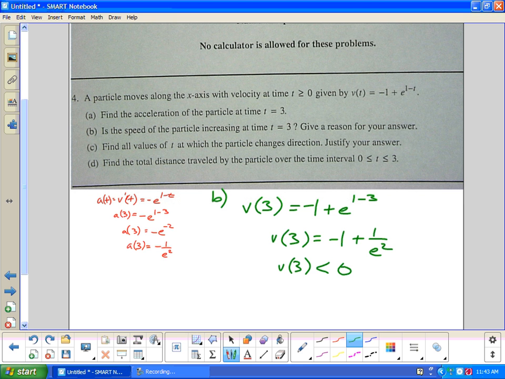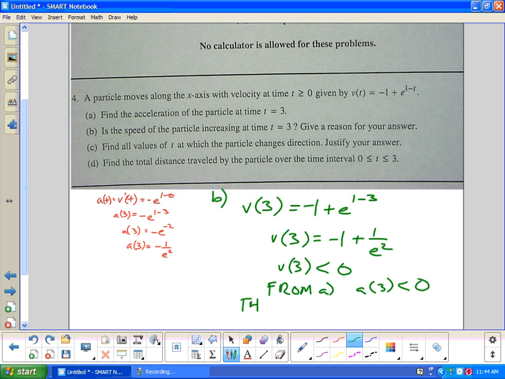Now, if its acceleration is positive, it is slowing down, right? Because it was going backwards and the acceleration is going forward. If the acceleration is negative, but I know looking at my acceleration from part A that a of 3 is less than 0.